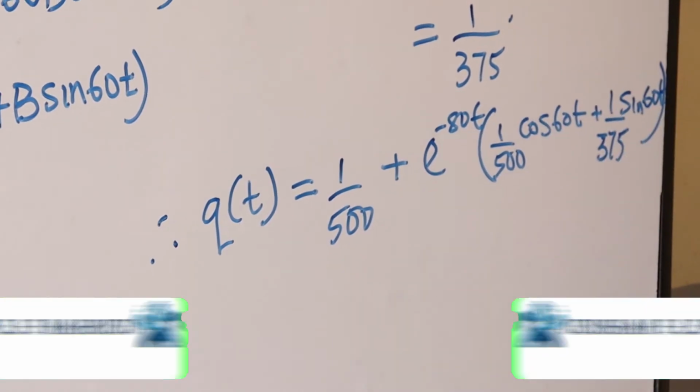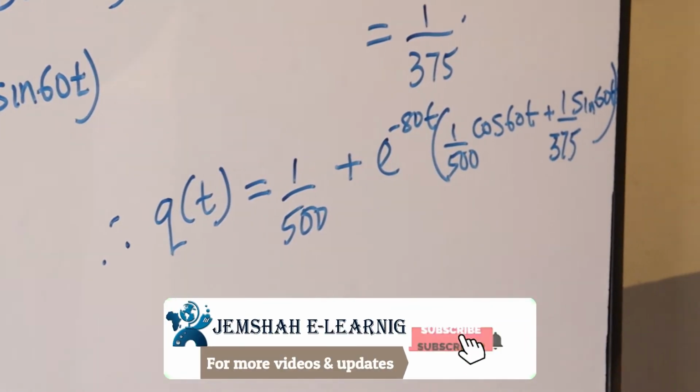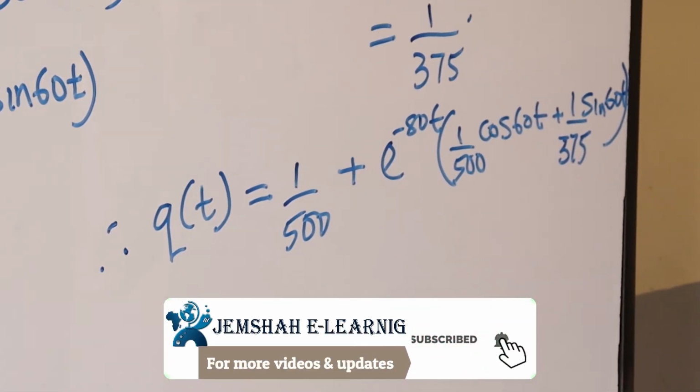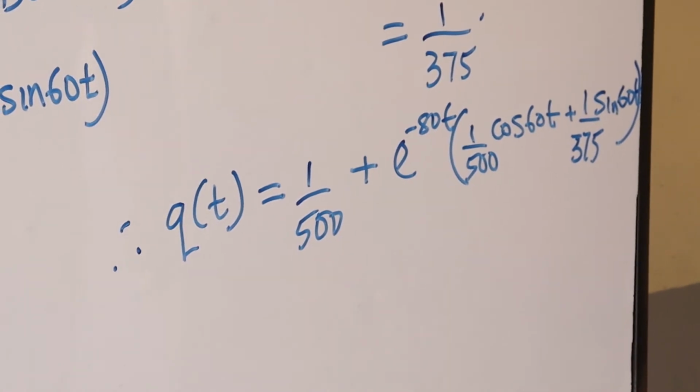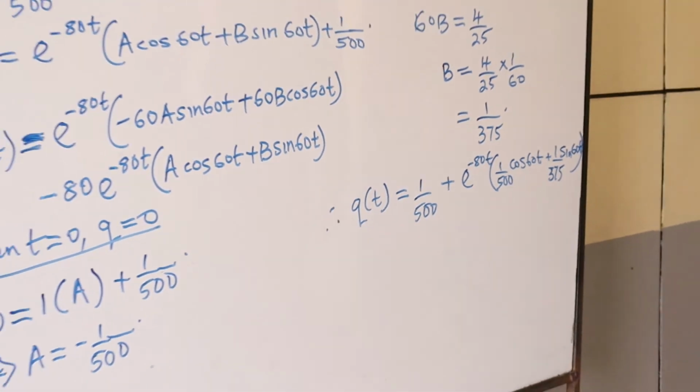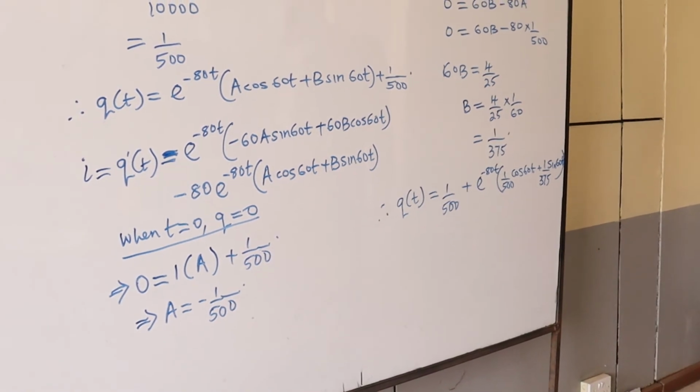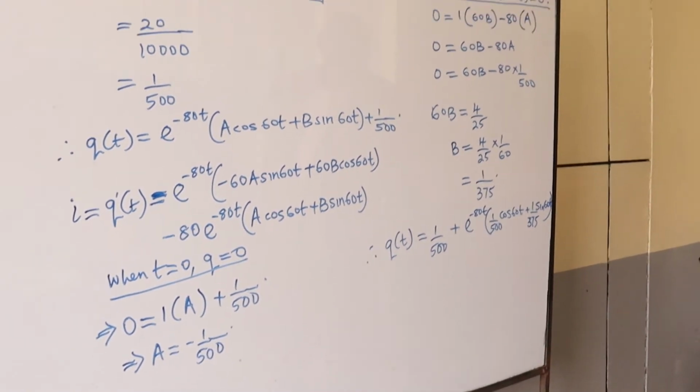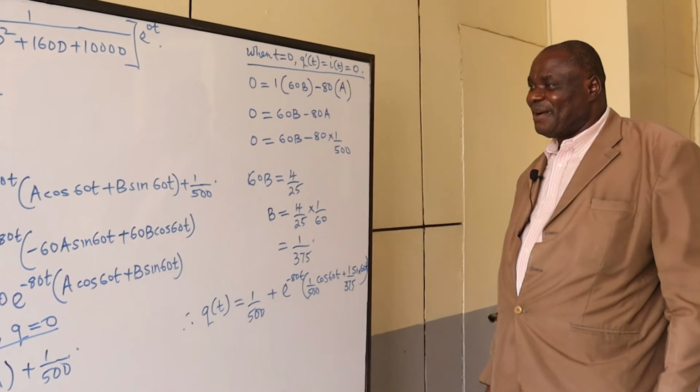And that becomes the particular solution, the expression for charge required in that particular circuit, when the switch is closed at time t equal to 0. That's the expression for our charge.